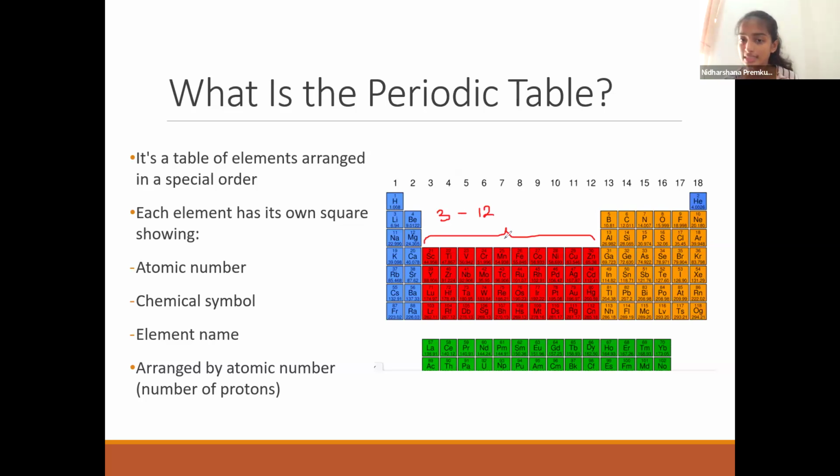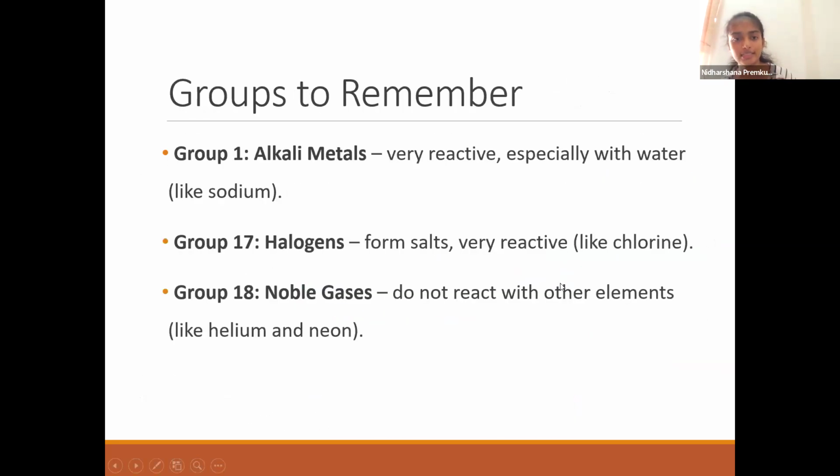But if you don't consider them, then your groups are going to be 1, 2, 3, 4, 5, 6, 7, and 8. So in the slide, it mentions group number 17 and 18 because they have taken into consideration this kind of periodic table. Hope that clarified.